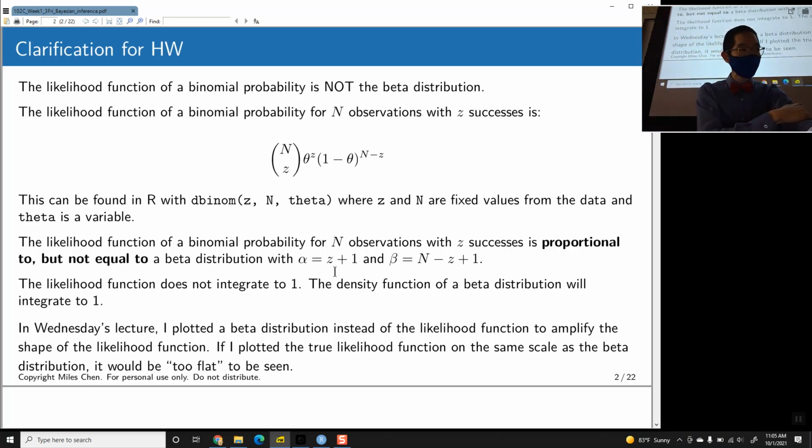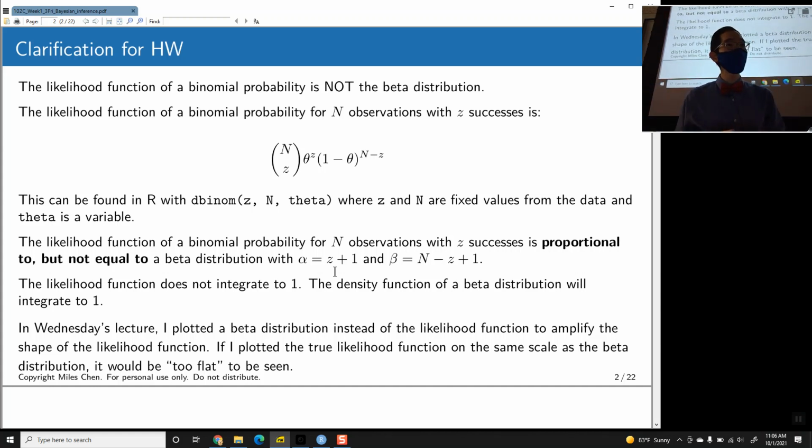In Wednesday's lecture, when I created those plots with the prior, the likelihood, and the posterior, that likelihood was multiplied by some kind of constant to inflate it, so it's on a similar scale as the other values. If you actually plotted the actual likelihood, it would end up being very flat.